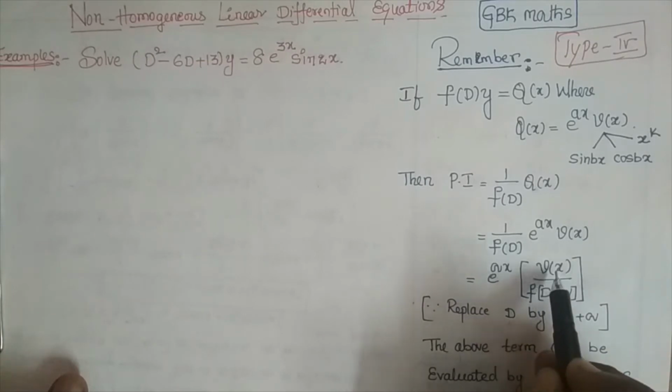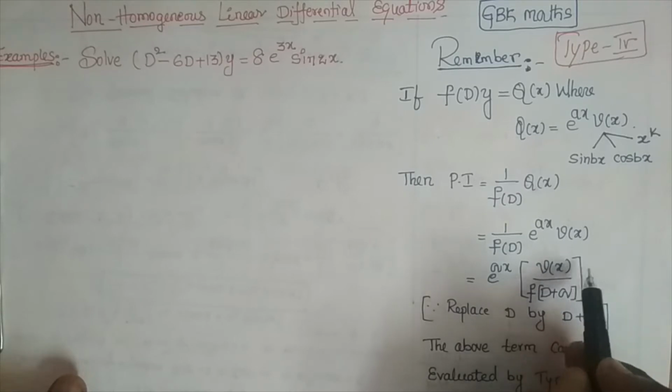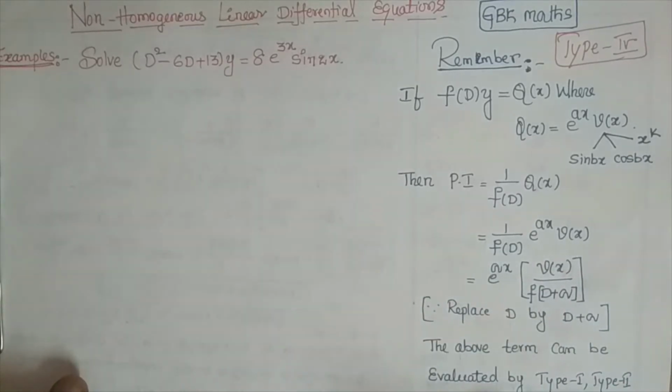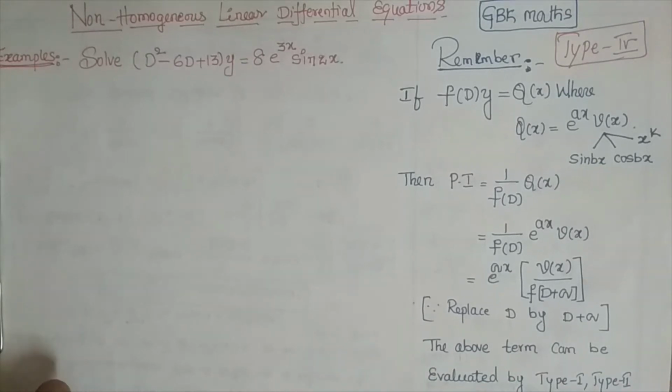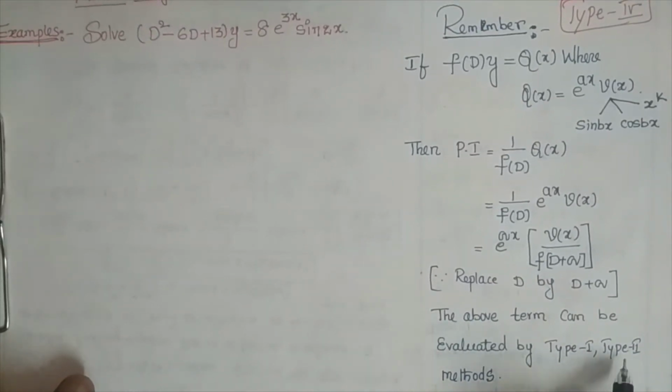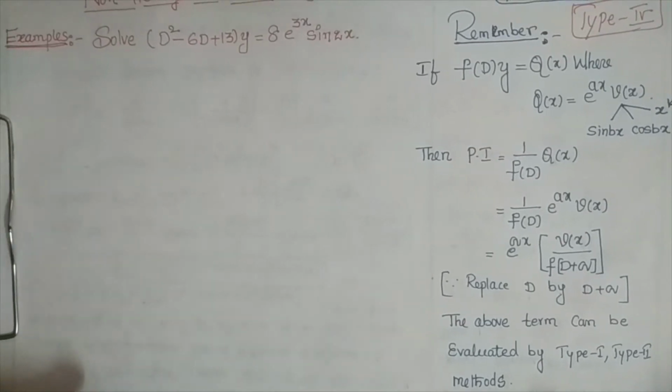Then the remaining V of x by f of D plus a can be converted to type 1, type 2, or type 3, and evaluated by those methods. So this is the procedure.